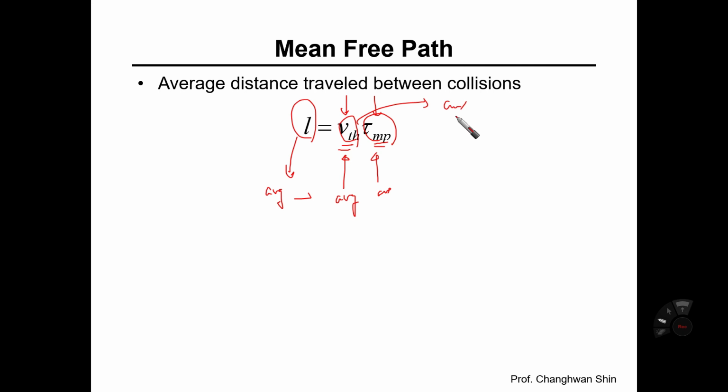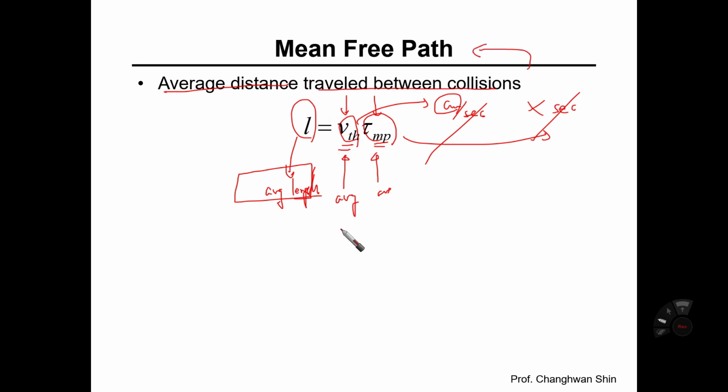The unit of v_th is centimeter per second, multiplied by scattering time, whose unit is second. They cancel out, and the leftover is centimeter, which is associated with average length, in other words, the average distance traveled between two collisions. That is named the mean free path: the average length between two collision events. It's a very simple concept. Average velocity times average collision time gives the average distance traveled between two collision events.